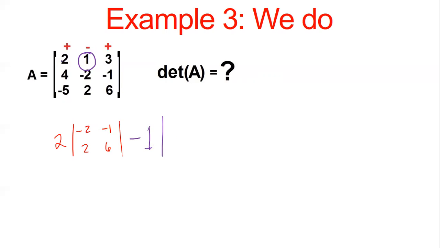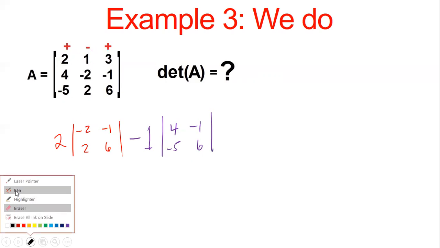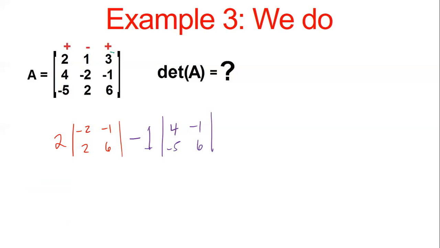And its minor matrix is going to be what? 4, -1, -5, and 6. Do you see why Juan said that was our minor matrix? Okay, cool. Now we're going to do our last one. Our last one is 3. It's +3. And its minor matrix would be, perfect, 4, -2, -5, and 2.